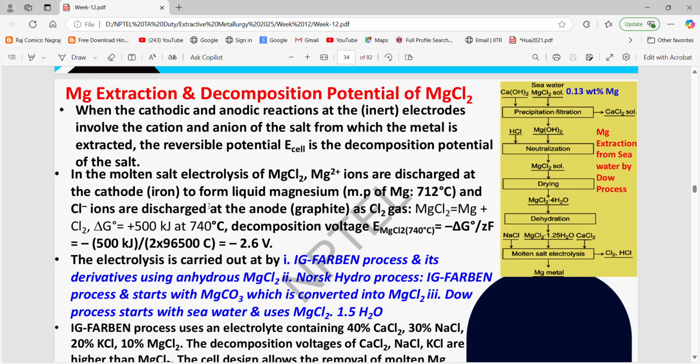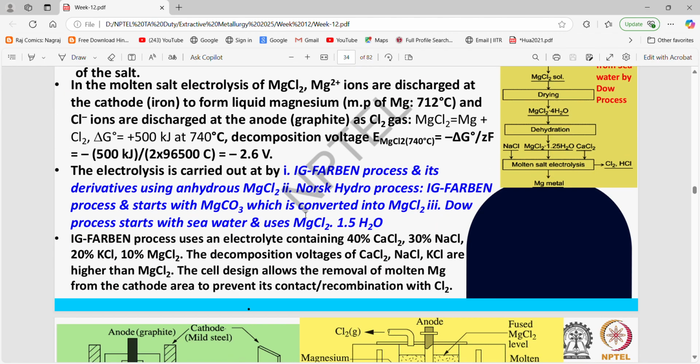The electrolysis is carried out by the IG Farben process and its derivatives using anhydrous MgCl2, the Norsk Hydro process, the IG Farben process, which starts with MgCO3 converted into MgCl2, and the Dow process, which starts with seawater and uses MgCl2 dot 1.5 H2O. So there are different processes for electrolysis of Mg metal from MgCl2, MgCO3 or MgCl2 dot 1.5 H2O, which is created with the help of the Dow process.